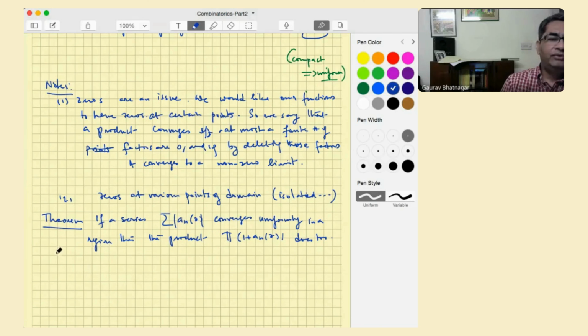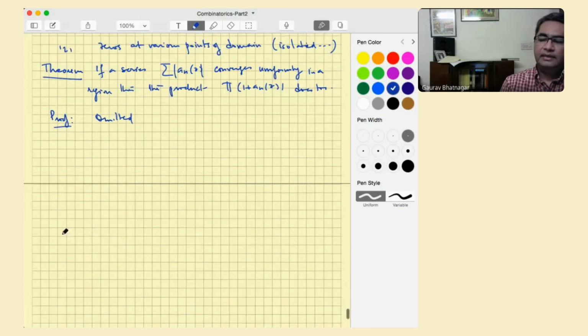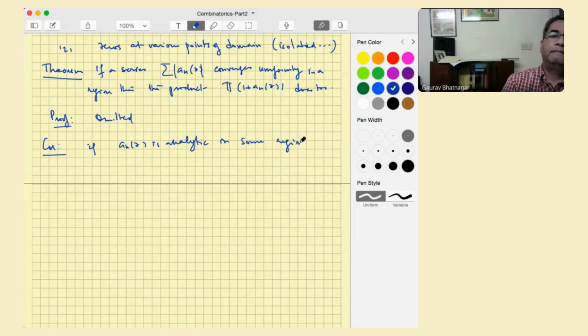So, absolutely convergent series, the proof is omitted. But as a corollary, if a_n(z) is analytic in some region, region, what is region? You remember what is region? I think open plus connected or something.